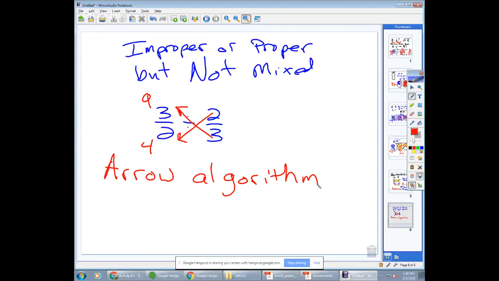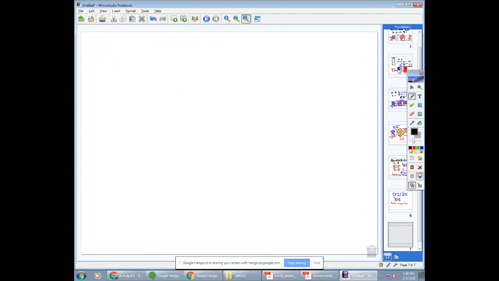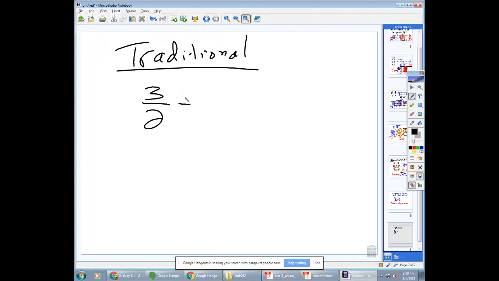And then there's the traditional algorithm that most of you should remember. 3 halves divided by 2/3. What do you guys normally do to carry out this division besides whipping out a calculator? Switch it. Yeah, you switch which fraction? The second one, yeah. So we would rewrite this as 3 halves times 3 halves. We flip it.